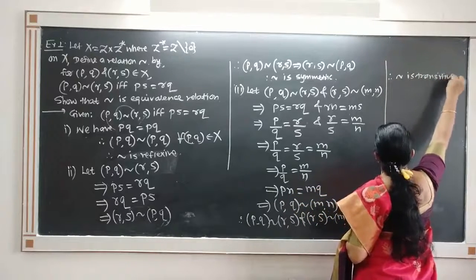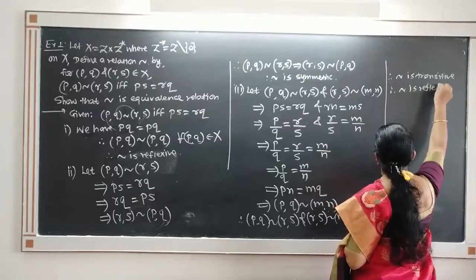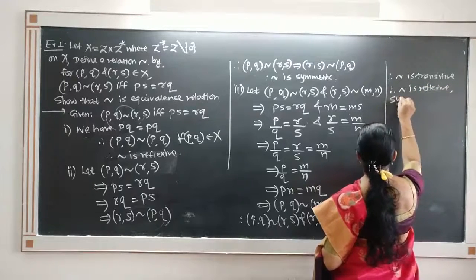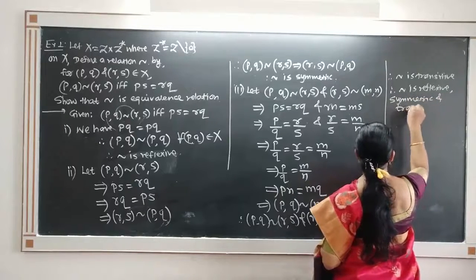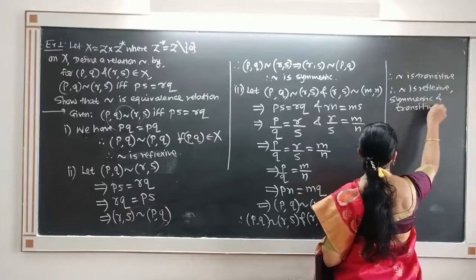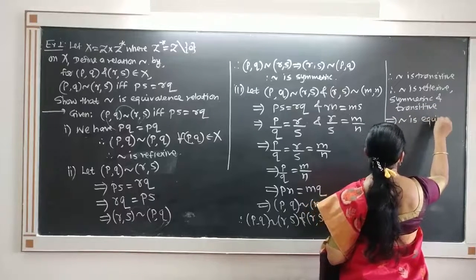So this relation is reflexive, symmetric and transitive, all three, which implies that the relation is an equivalence relation.